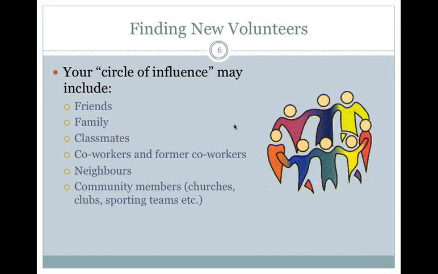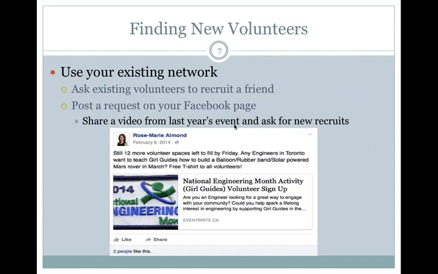You don't need to go anywhere too far to look for volunteers, and you can begin with your friends and family, your classmates, co-workers, even former co-workers you're in touch with, your neighbors, and also other community members such as people you interact with maybe in a religious place or clubs, sporting teams, etc. So you don't need to go too far to start looking for volunteers because once you ask, people will definitely be willing to help. And this brings us to the point where you need to use your existing network.